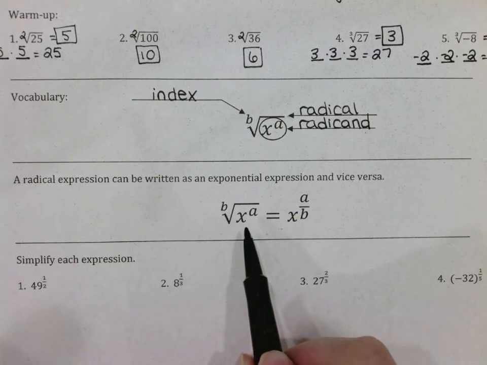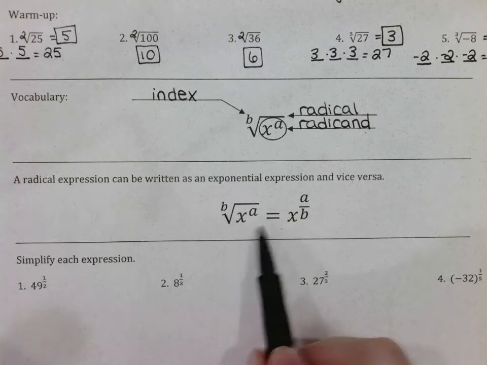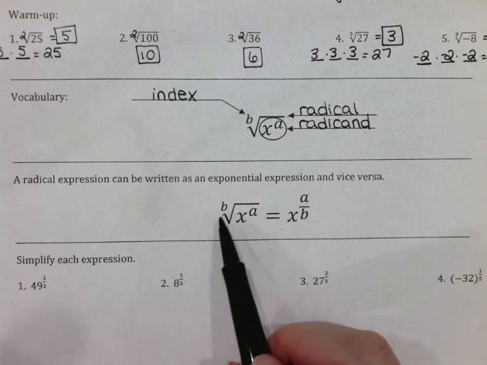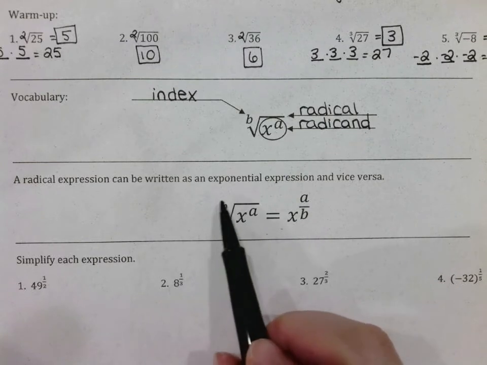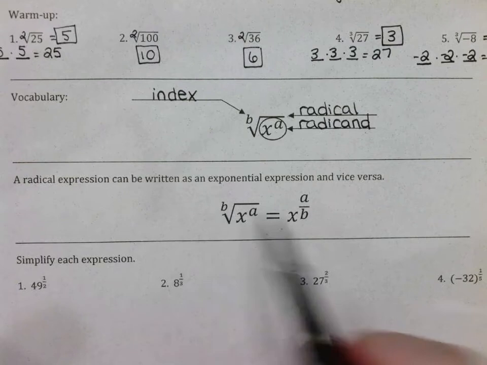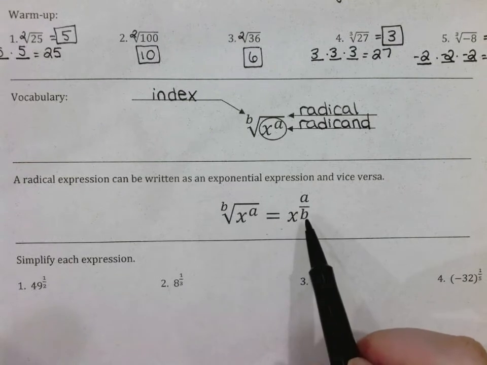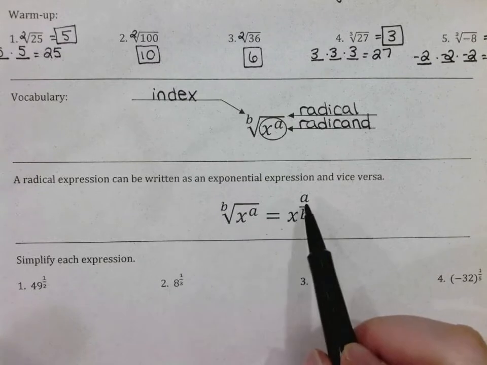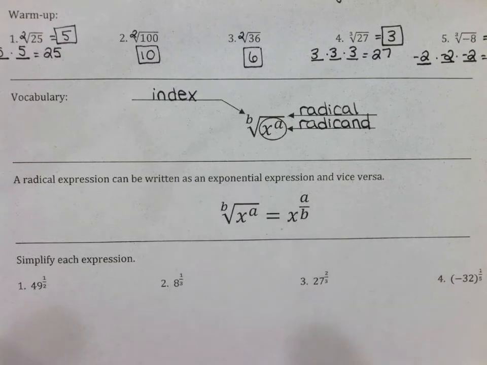So just looking at this, hopefully you see some of the similarities. So the index here, that is coming from the denominator when it's in exponential form. And the exponent here, that can be found in the numerator when it's in exponential form. So just kind of keep that in mind when we're going through these example problems.